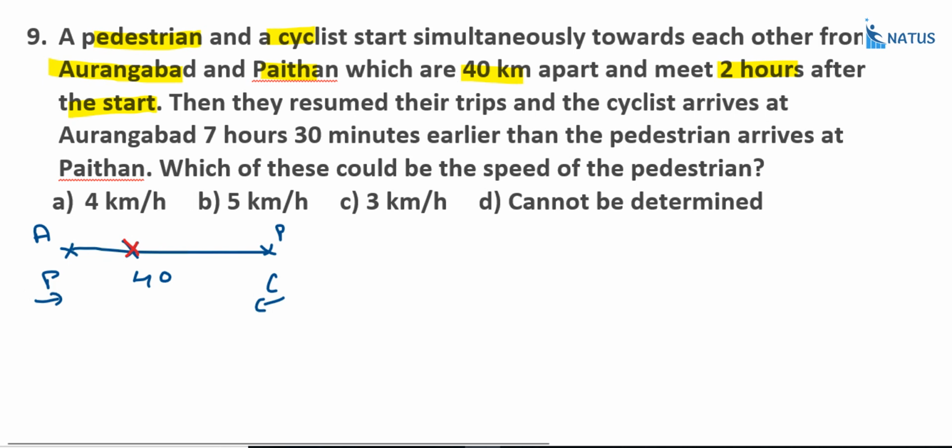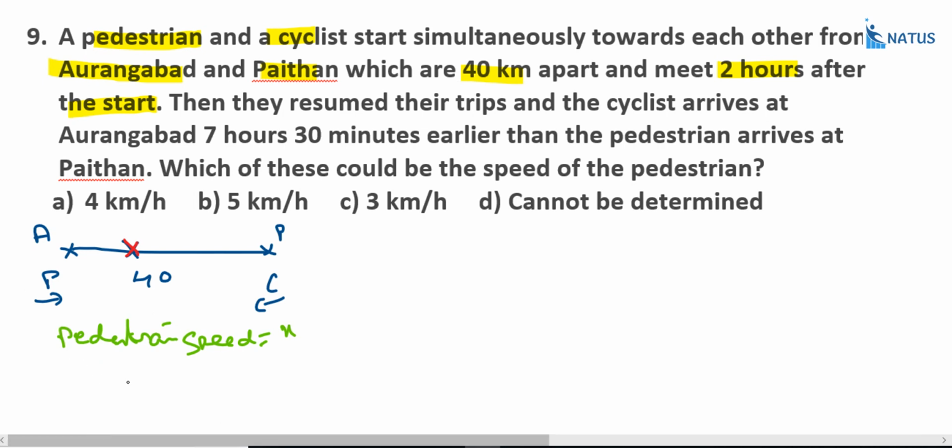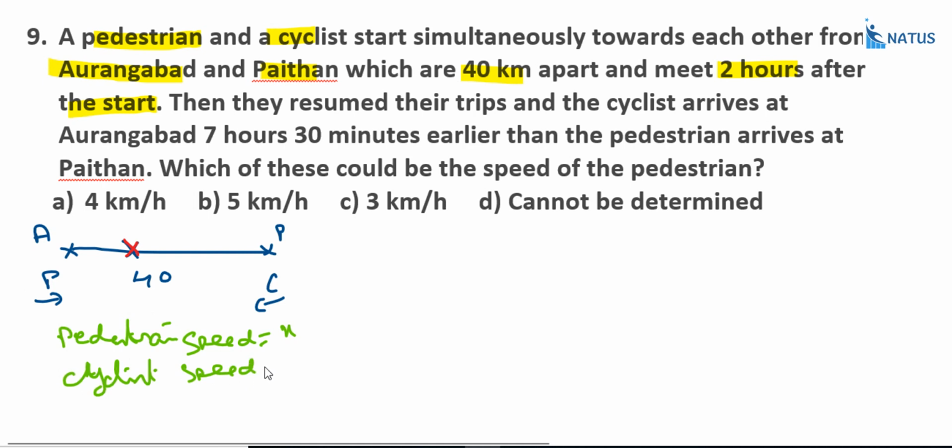Suppose the pedestrian speed is equal to x kilometers per hour and the cyclist speed is equal to y kilometers per hour.